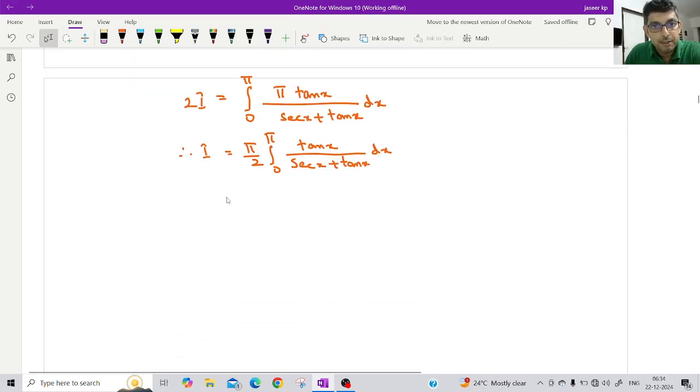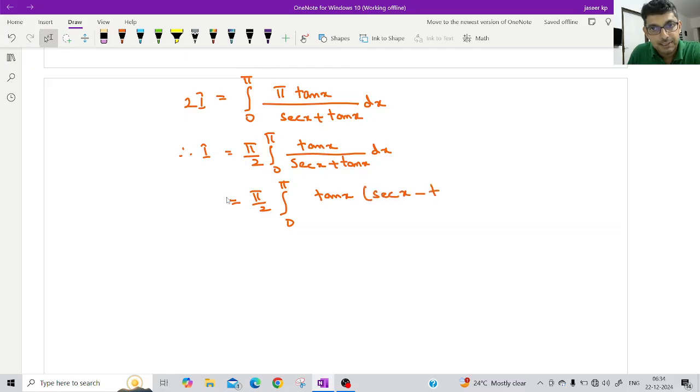So this can be integrated by pi by 2 is there, 0 to pi tan x, multiply and divide with secant x minus tan x. This will become secant x plus tan x into secant x minus tan x dx.